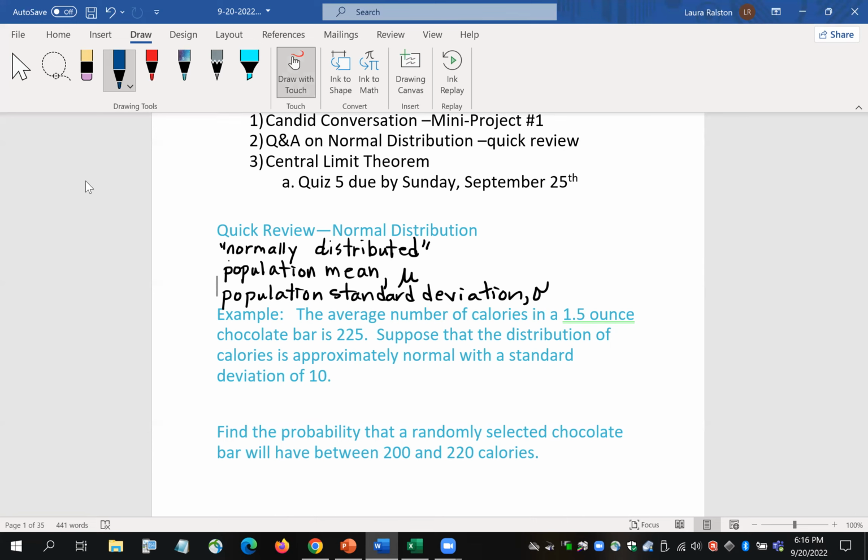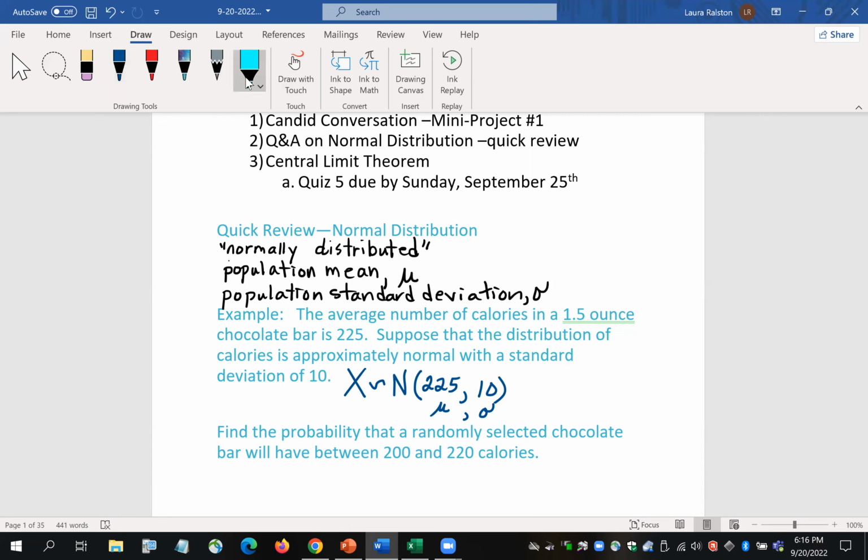In symbols, we would write the variable approximates a normal distribution, in this case with a mean of 225 and a standard deviation of 10. That's the shorthand notation. The variable approximates a normal, letter N, because normal starts with N, and then you're given the mean and the standard deviation separated by a comma.